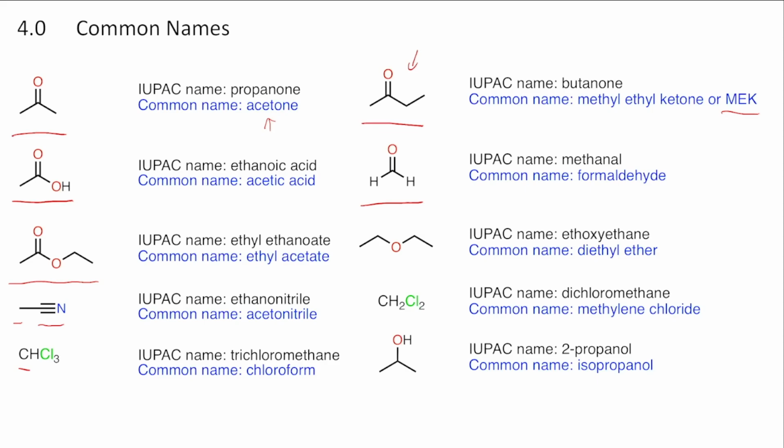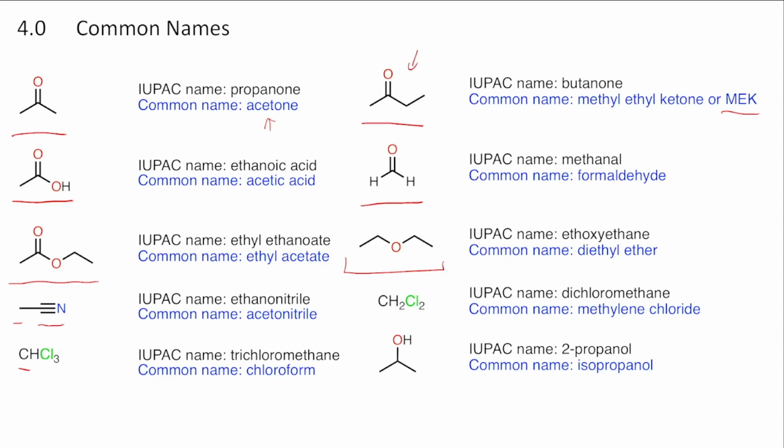This is an aldehyde, a carbonyl group with a hydrogen on both sides. Common name for this is formaldehyde. IUPAC name is methanal. This compound, its IUPAC name would be ethoxyethane, as we would have looked at the rules.